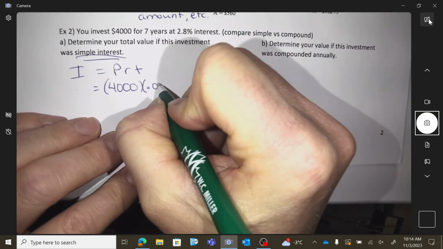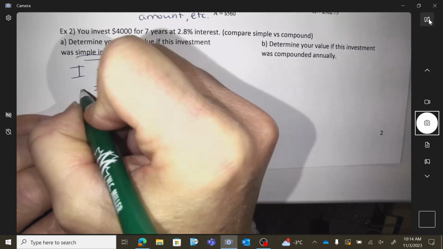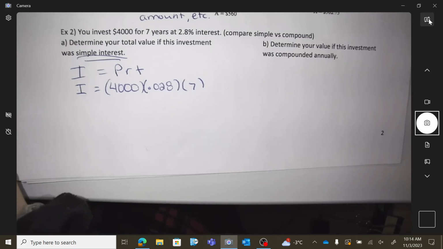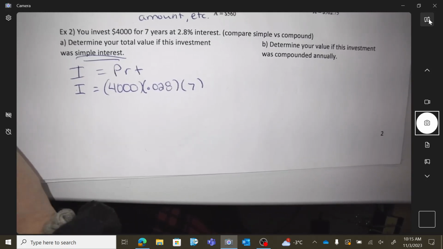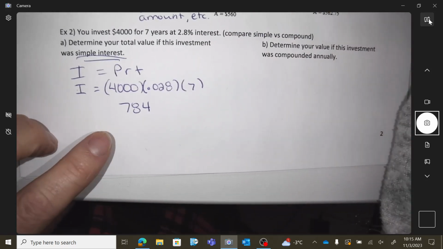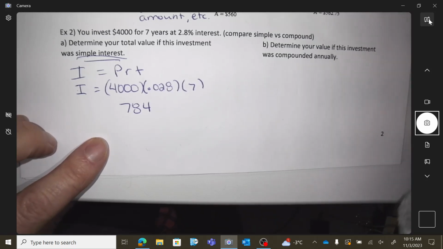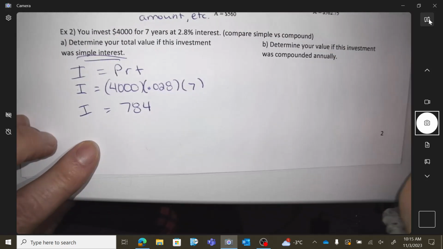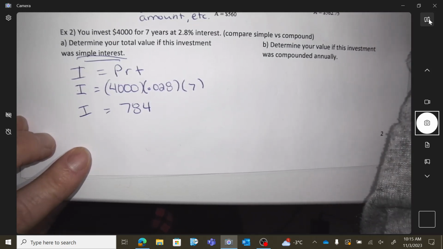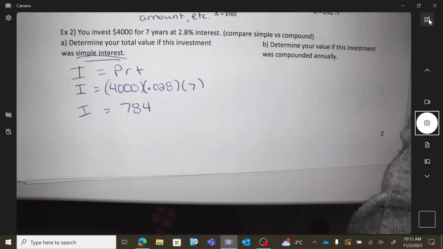Rate is 0.028 for 7 years. So you get $784. We're matching.